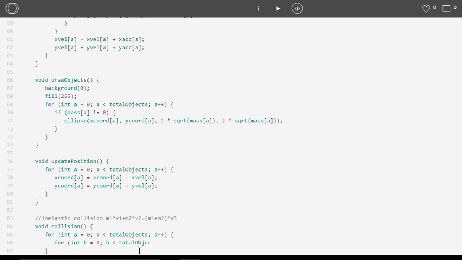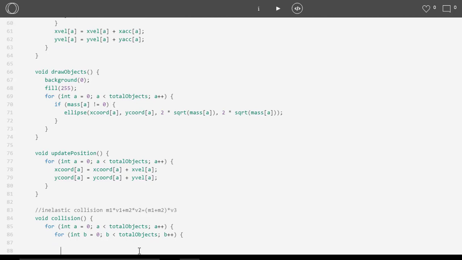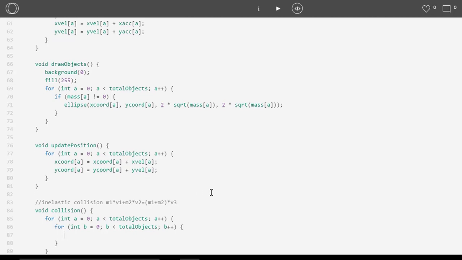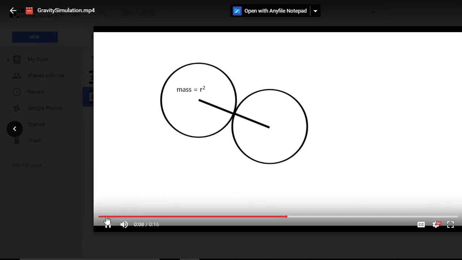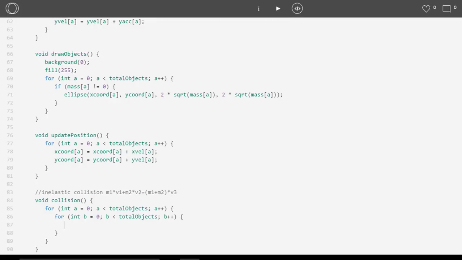Should you become one object? Just a quick reminder: if the distance between this center and this center is less than the two radii added together, that means they're colliding. The circles are inside each other. That's when I'm going to consider it a collision.